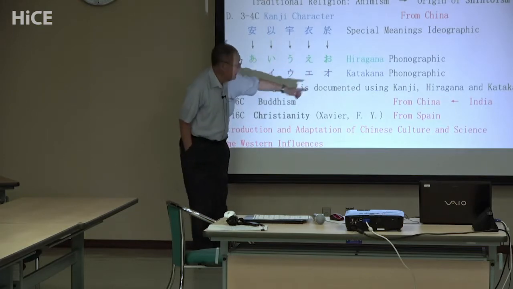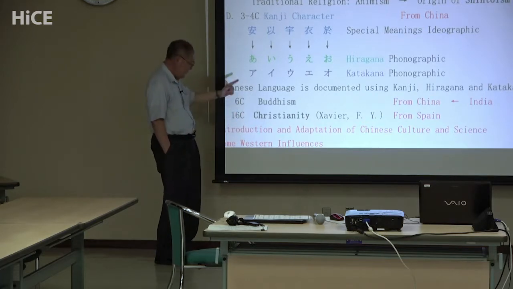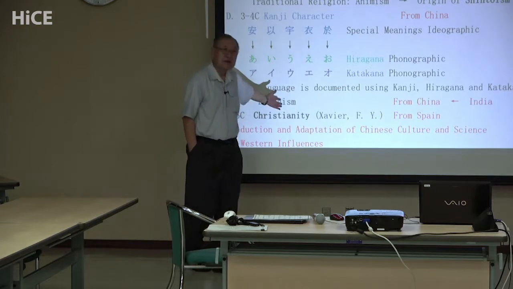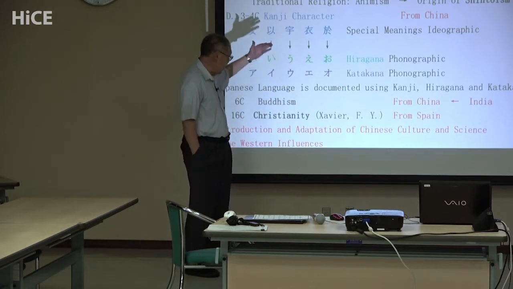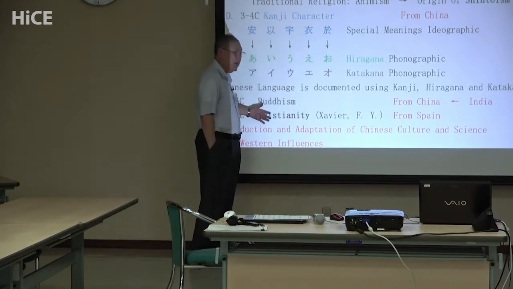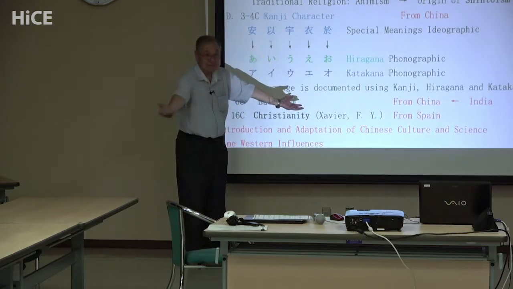And in the 6th century, Buddhism came from China through India. Okay? And in the 16th century, Christianity came, especially with Xavier from Spain, the missionary who came to Japan to extend Christianity across the whole Japanese island.